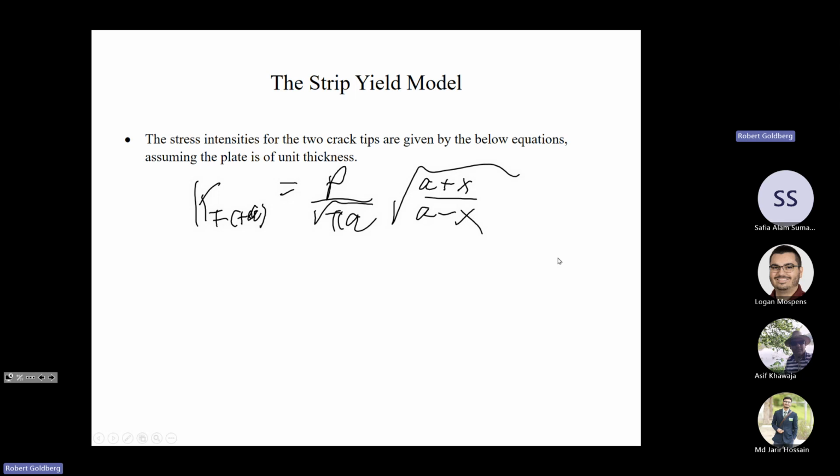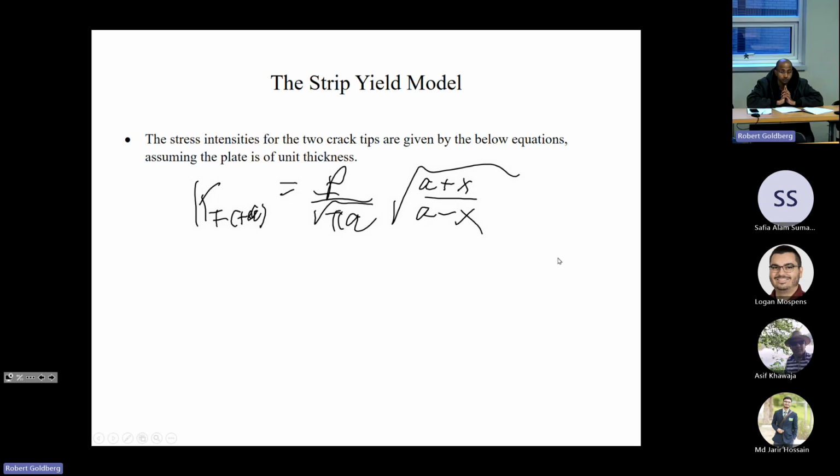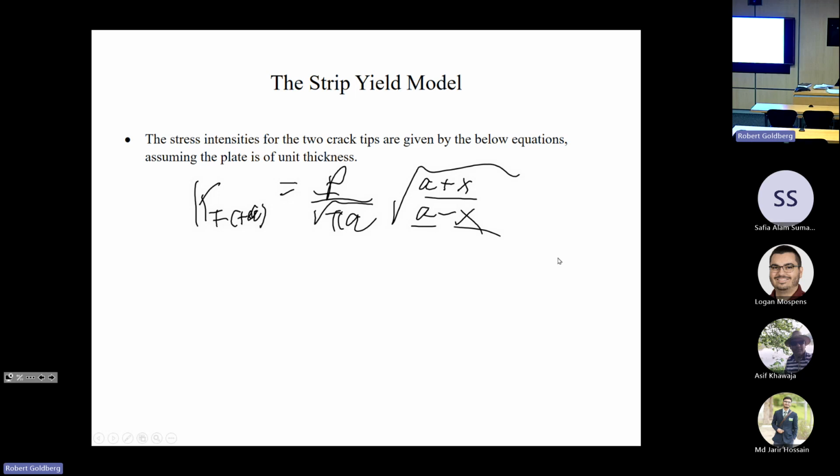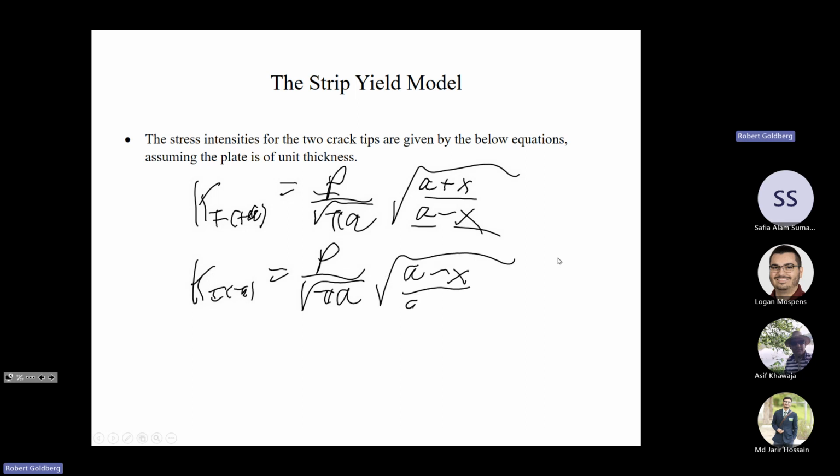And load divided by area gives us our stress. And our stress intensity factor at minus a is equal to P over the square root of pi times a, times the square root of (a minus x) over (a plus x).